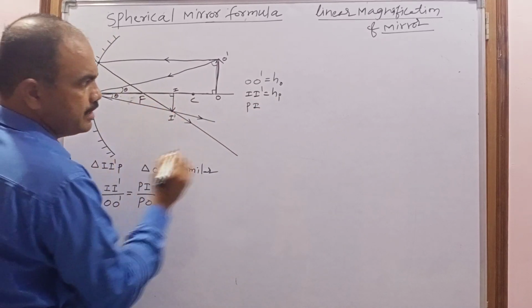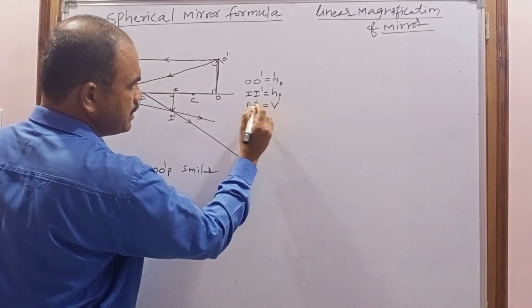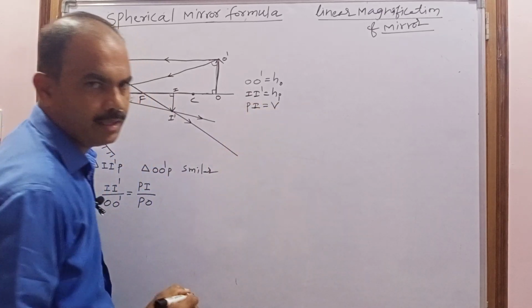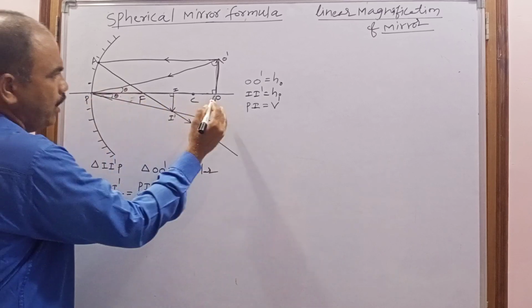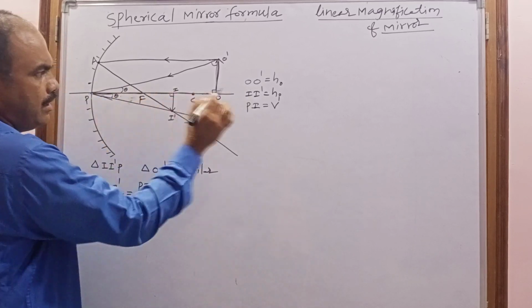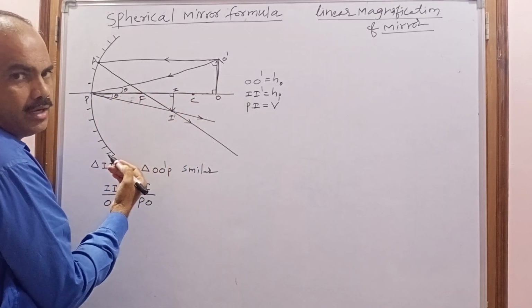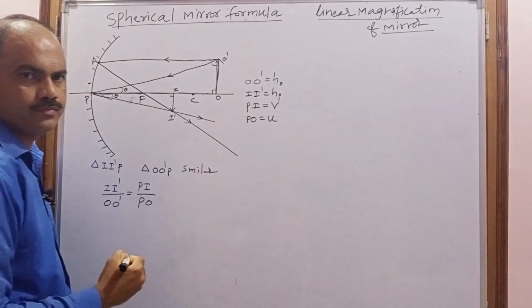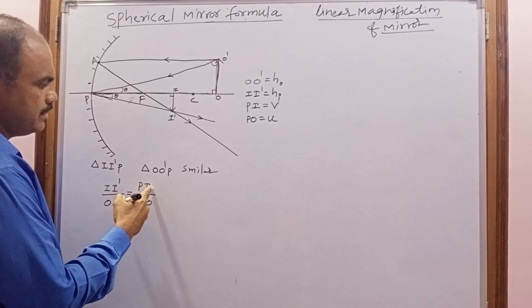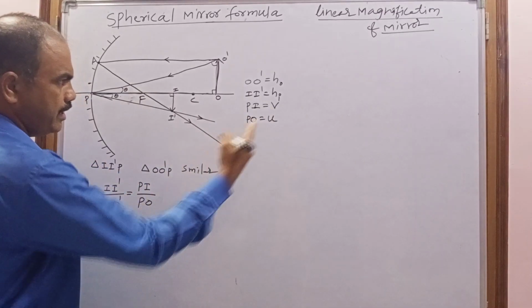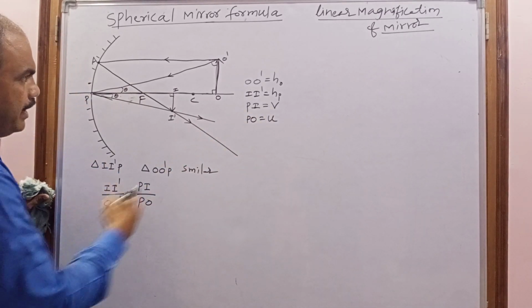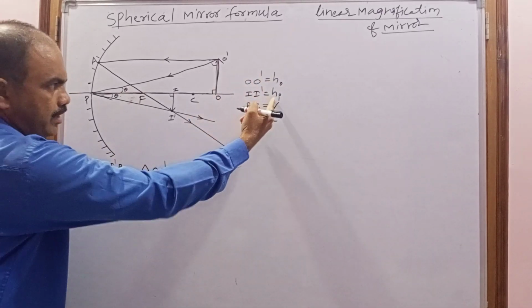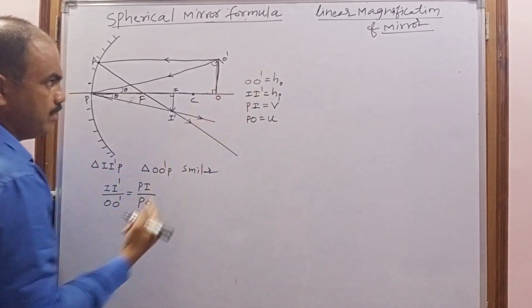Pole to image distance is called the image distance, represented with the letter V. And pole to object distance is known as the object distance, PO, which is U. So here PI is the image distance, PO is the object distance, II dash is the height of the image, and OO dash is the height of the object.